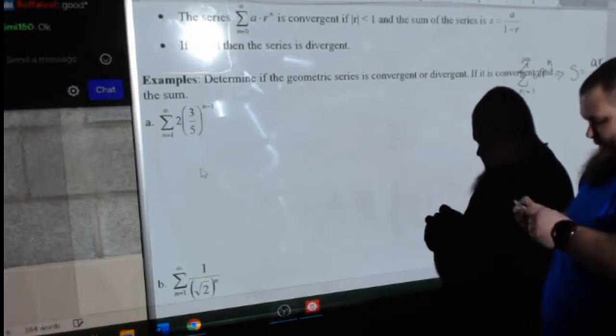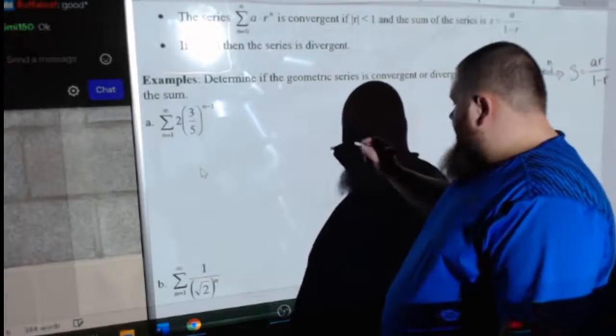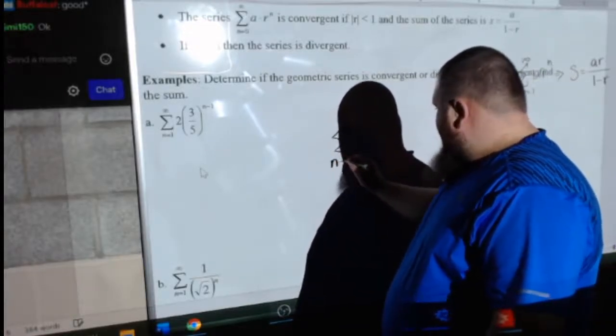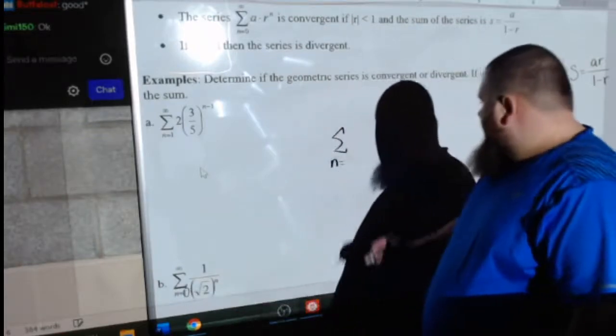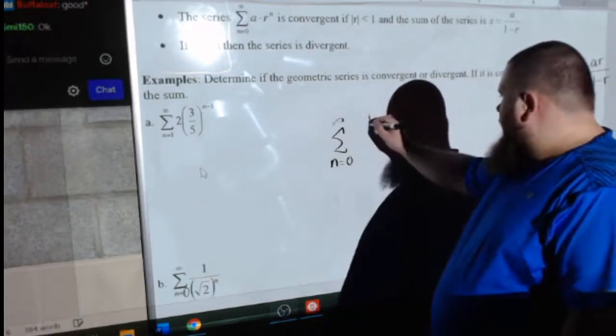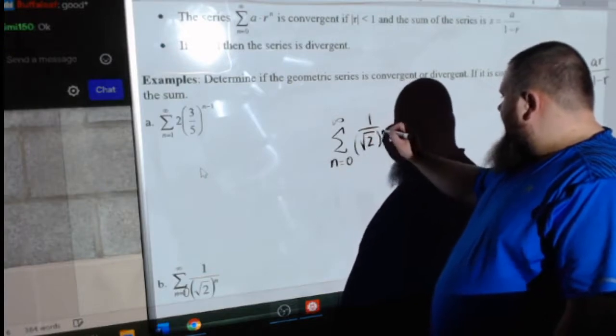All right, so this last one right here says the sum, let's go ahead and change this to n equals 0. So n equals 0 to infinity, 1 over square root of 2 to the n.